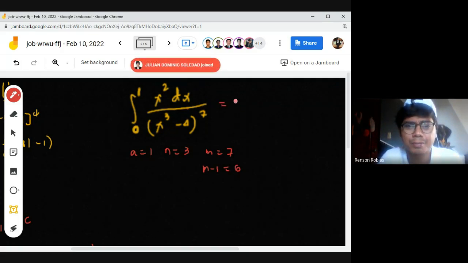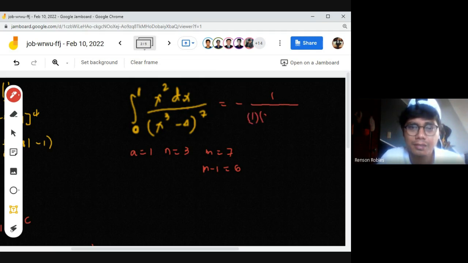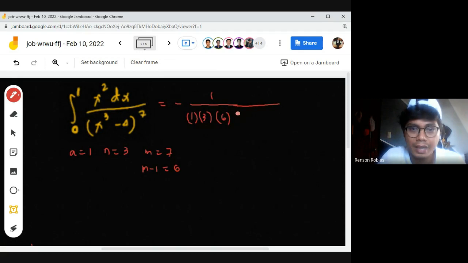And according to the formula, you have the integral from 0 to 1. You have negative 1 all over a n, and then m minus 1, and then you copy x cubed minus 4 raised to 7 minus 1, so that would be 6.